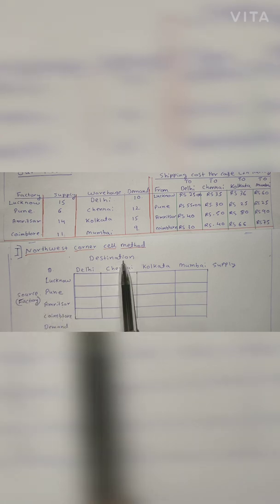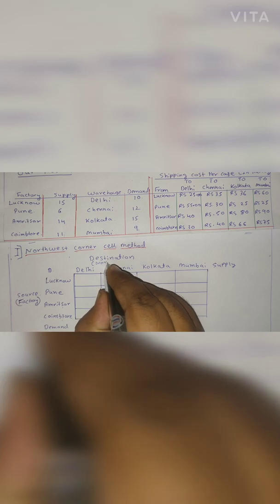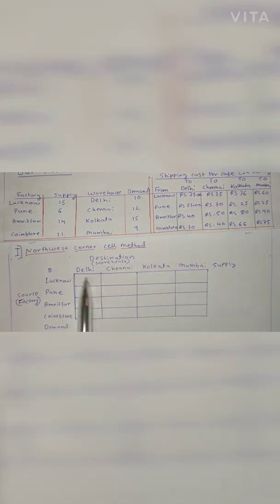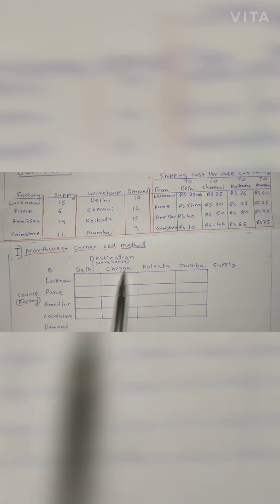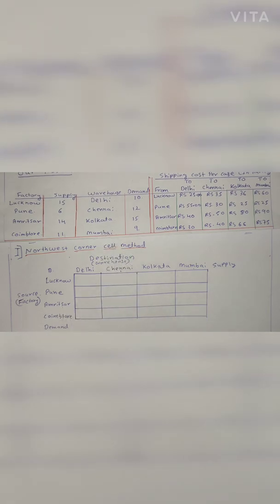The second thing is destination. Destination here means your warehouse. So where are your warehouses located? They are in Delhi, Chennai, Kolkata, and Mumbai. Now we'll write the demand and supply.